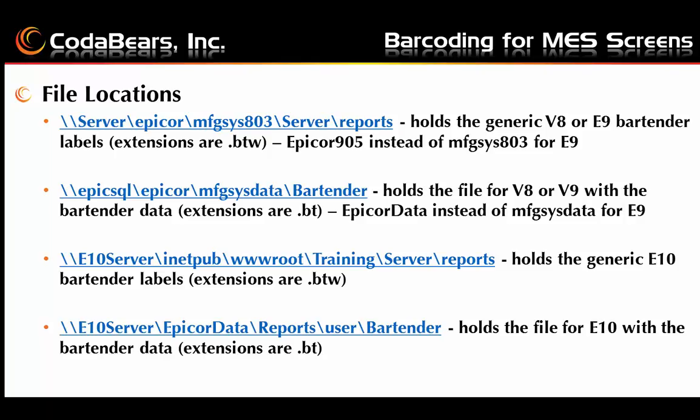So the first link here shows where the generic Vantage 8 Bartender labels are, and that they have an extension of .btw, and we show that Epicor 905 is used in that path instead of where it has MFG sys 803 for Epicor 9.